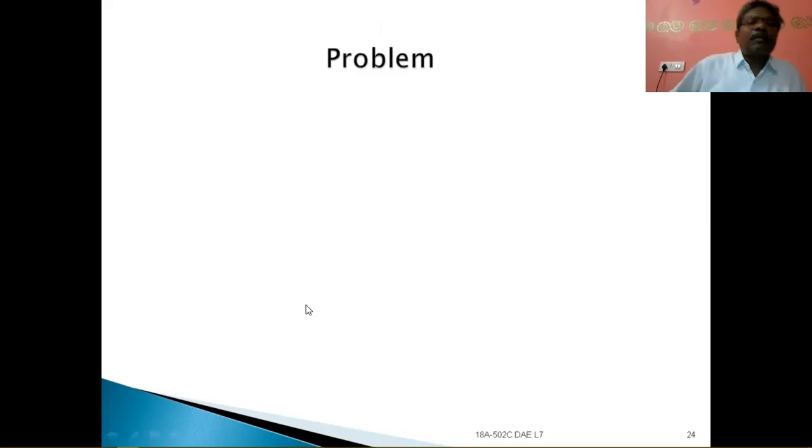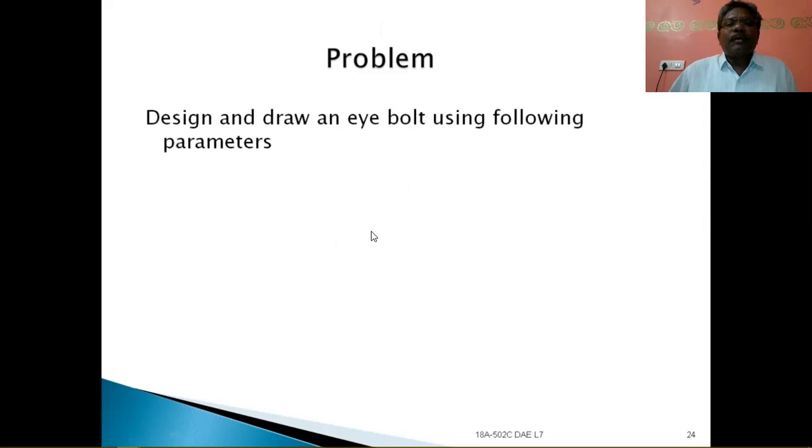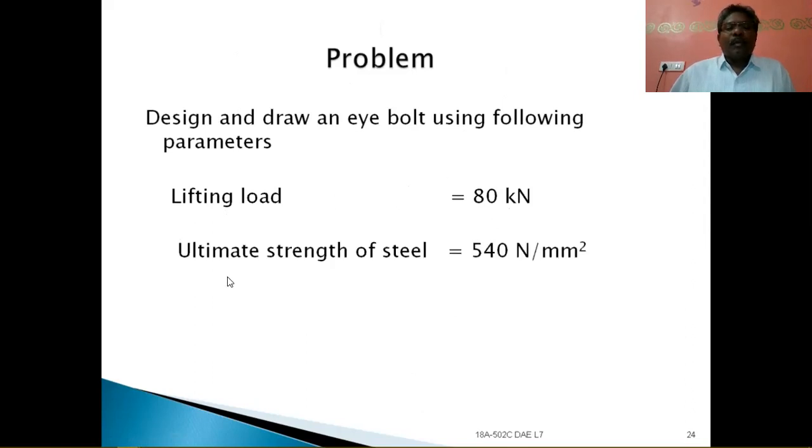Let us see some of the problems. Design and draw an eye bolt using these parameters. Lifting load is equal to 80 kilonewtons. Ultimate strength of steel is equal to 540 Newton per millimeter square.